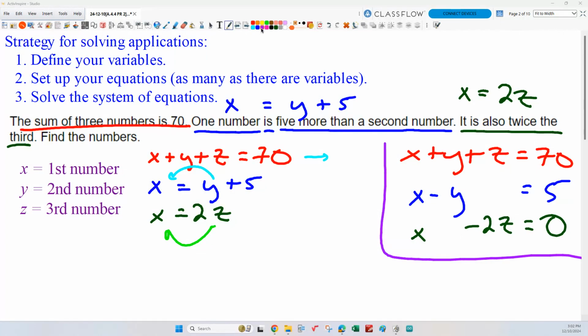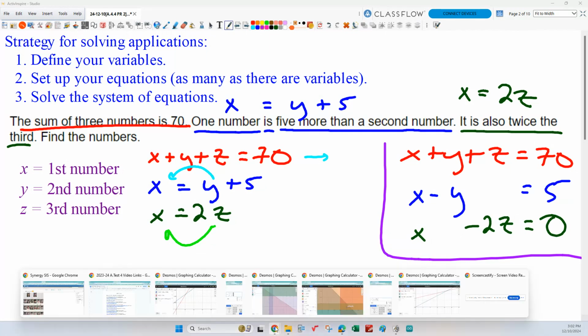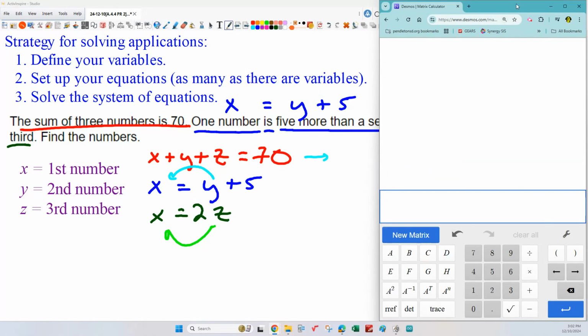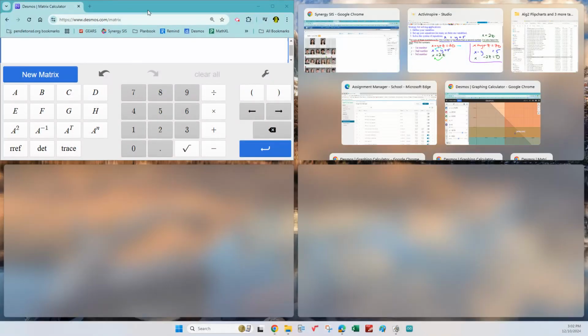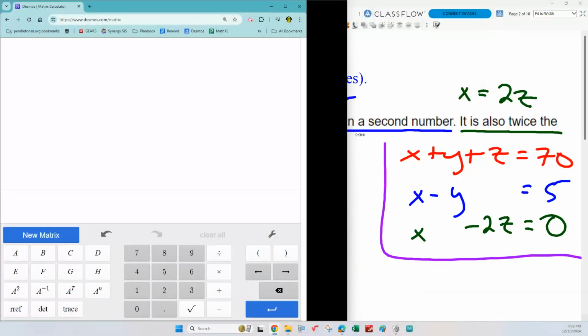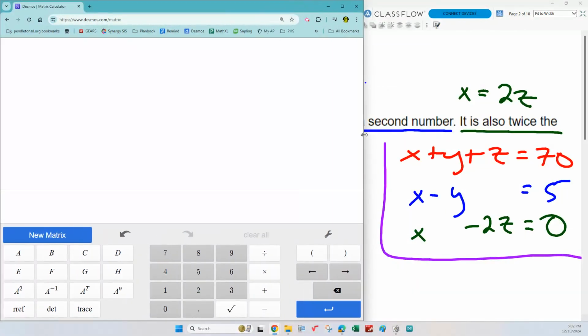All I've got to do is solve that now using Desmos matrix. How do you put the calculator from normal into matrix? It's a separate one, yeah, right.